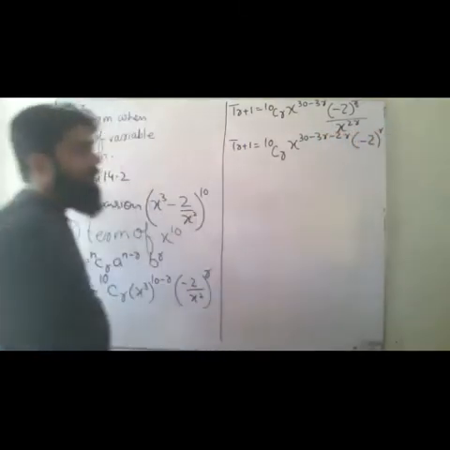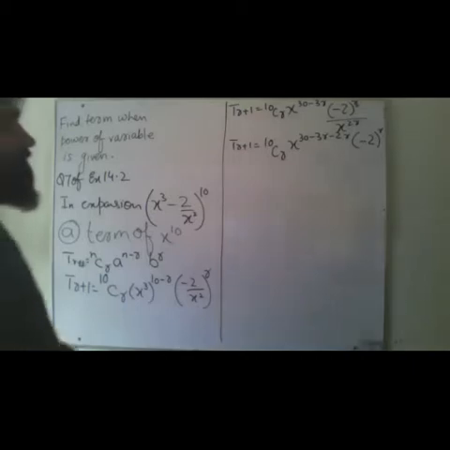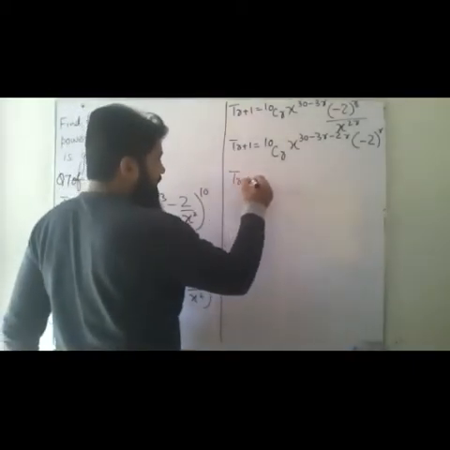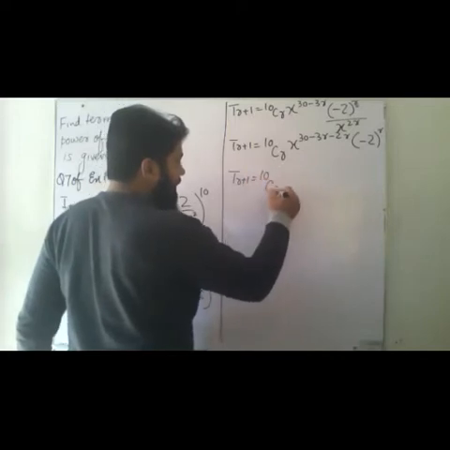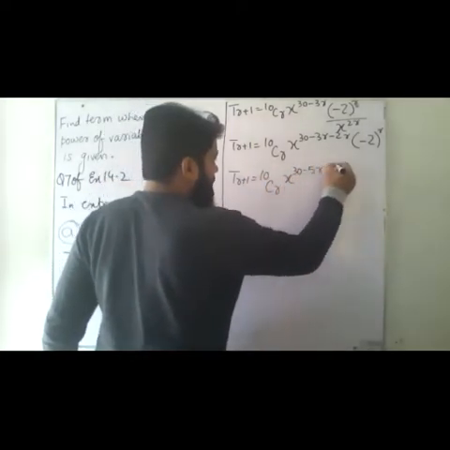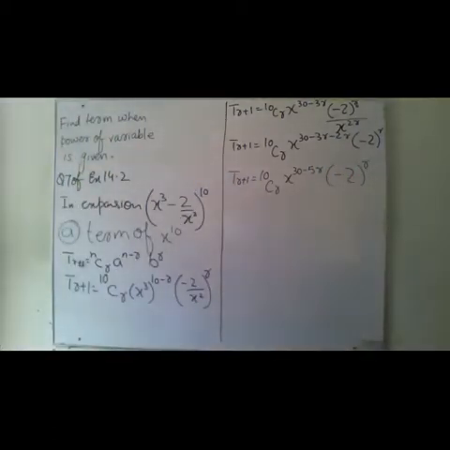Minus 2 to the power R. Okay? Now, when I simplify it, T(R+1) equals 10CR x^(30 minus 5R) times (minus 2)^R. The problem is that I don't have R till now.